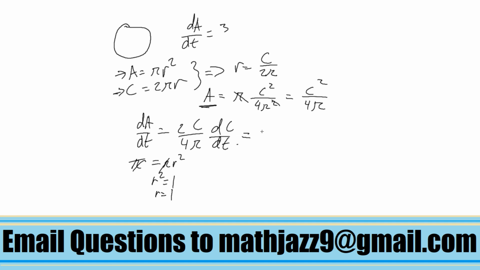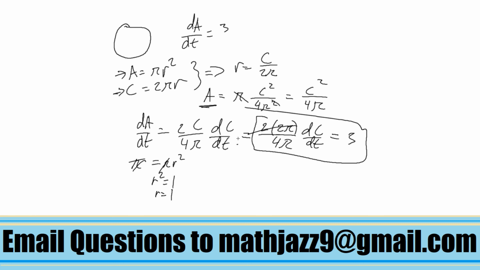So we get dA dt equals 2 times 2 pi over 4 pi times dC dt, and this equals 3. So this cancels with this, and dC dt equals 3.